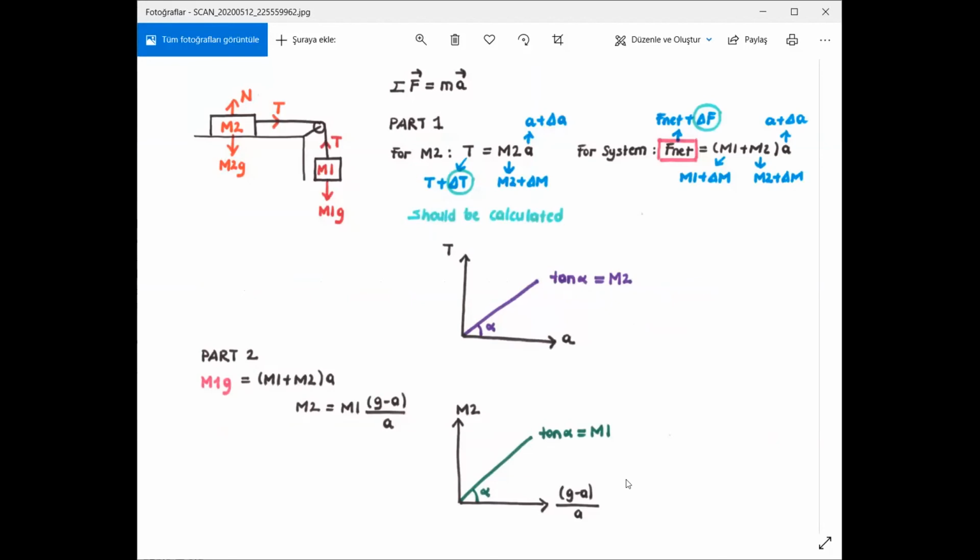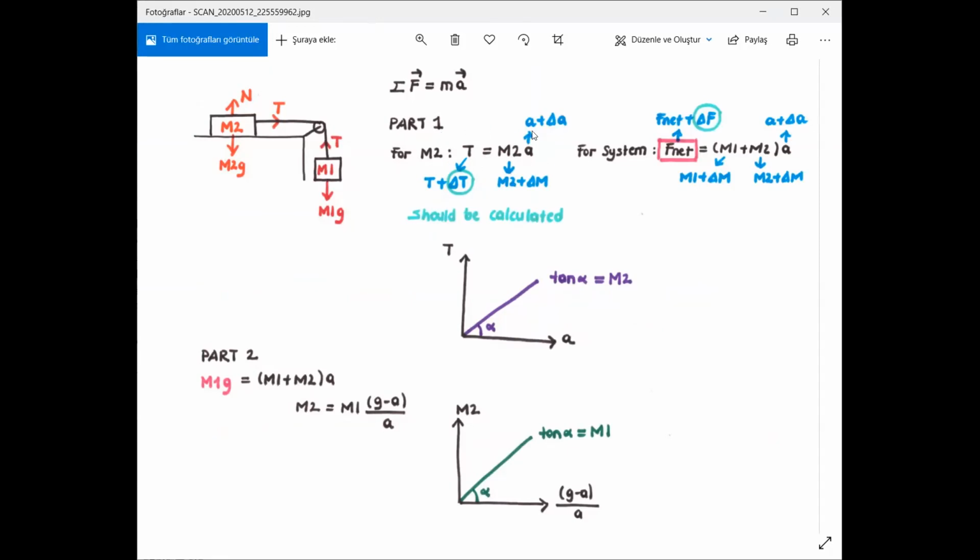After the acceleration value is calculated, the T value, which is the tension in the rope, can be calculated using the T equals M2 times A formula.